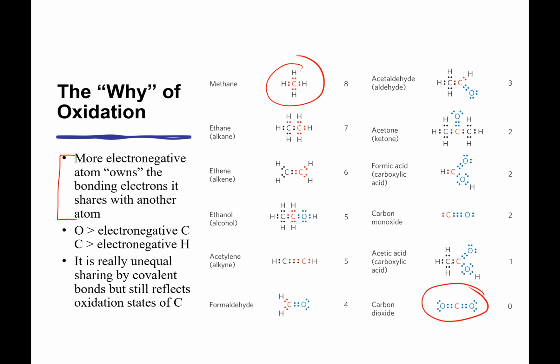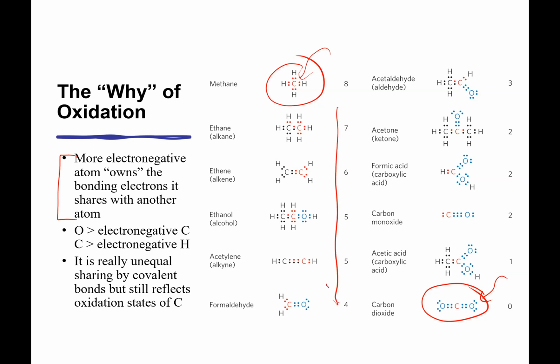And that's represented, carbon owning the electrons, by making these electrons red here. And oxygen owning the electrons is represented by them having blue electrons, right? So you can analyze all this.